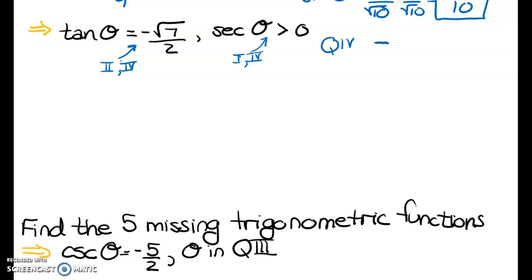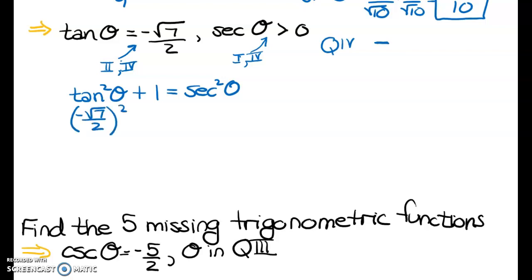All right, so this is going to be a two-step problem. I'm going to use tangent squared theta plus 1 equals secant squared theta, because if I can find secant, I can find cosine, and therefore I can find sine. So I know that tangent is negative radical 7 over 2, and when I square that, I'm going to get 7/4 plus 1 equals secant squared.